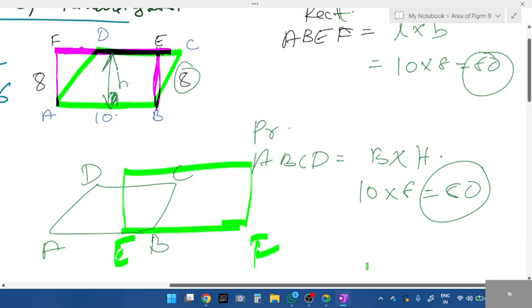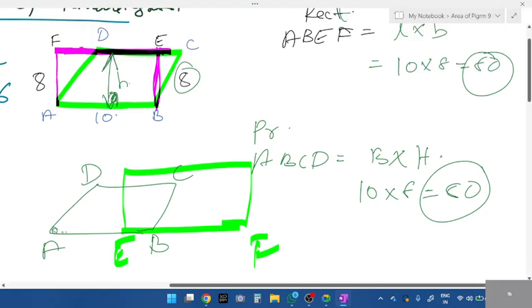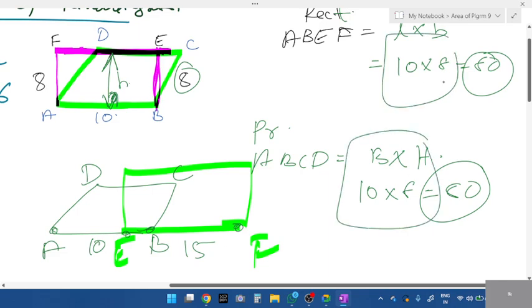What's the reason? Base is different. Very good. Base is different. See, AB will be 10, EF will be 15 because it seemed to be lengthy. If the values are different, you won't get this. If you apply base into height concept, you're not getting the same area. Right? That is what is given in the textbook. This is a theorem, and I've explained it using numbers. Okay. So simple concept, students.